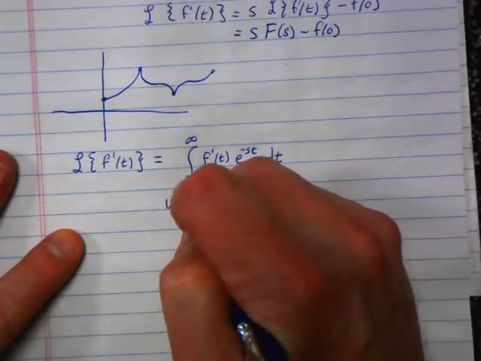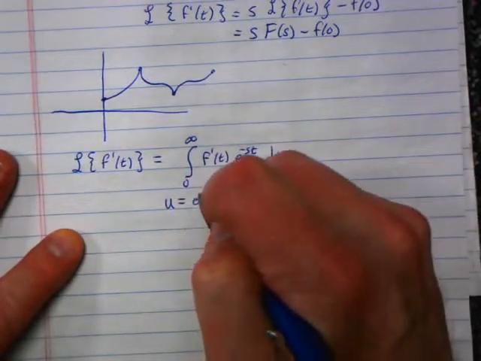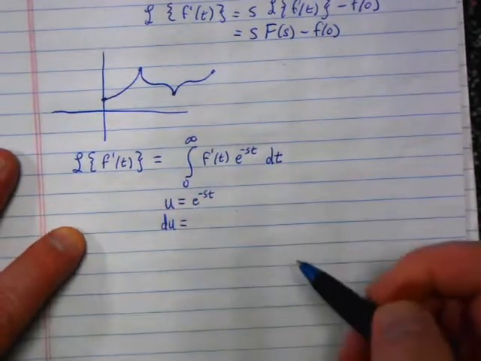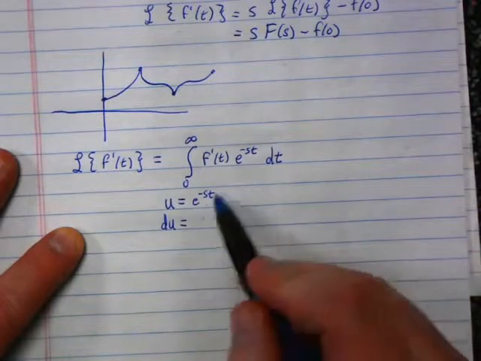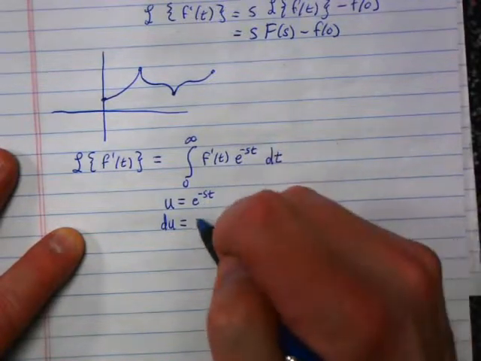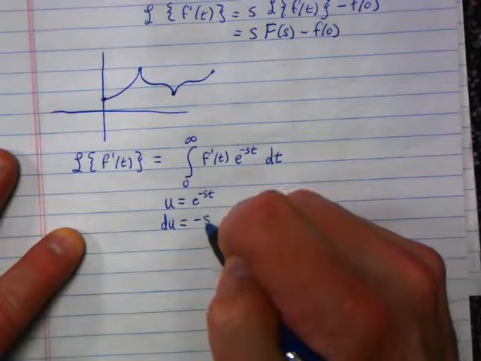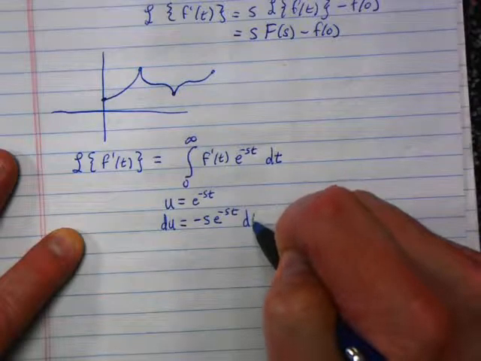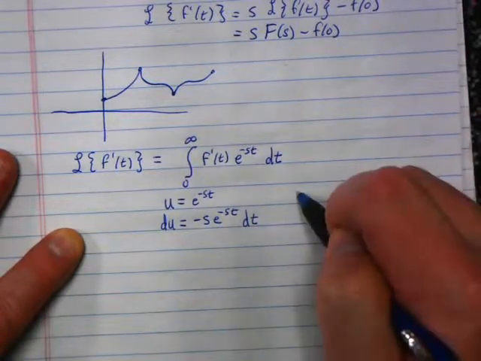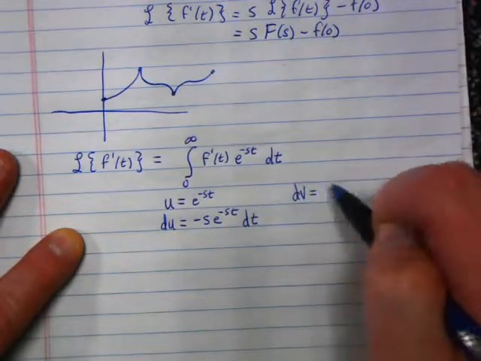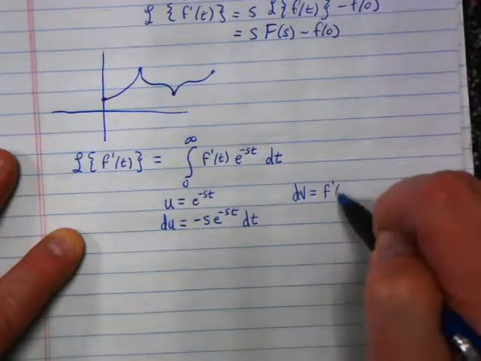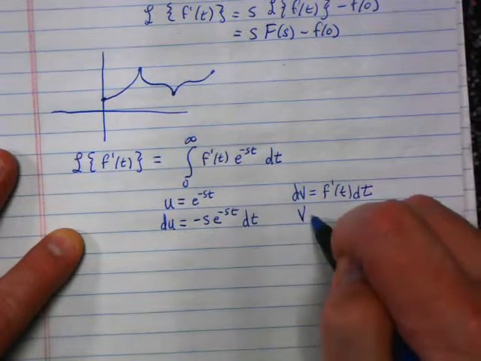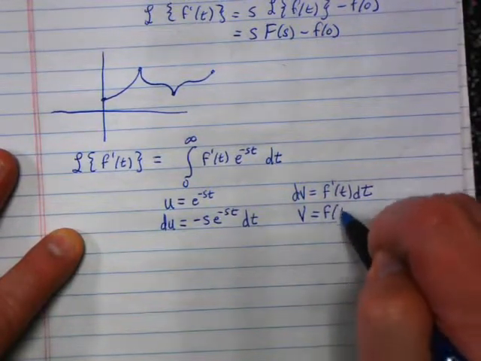I'm going to let u be e to the negative st. And then du would be negative s e to the negative st dt. And dv would be f prime of t dt, and when I integrate that, I get f of t.